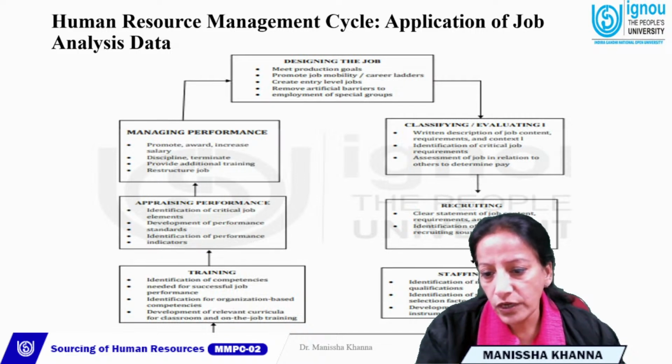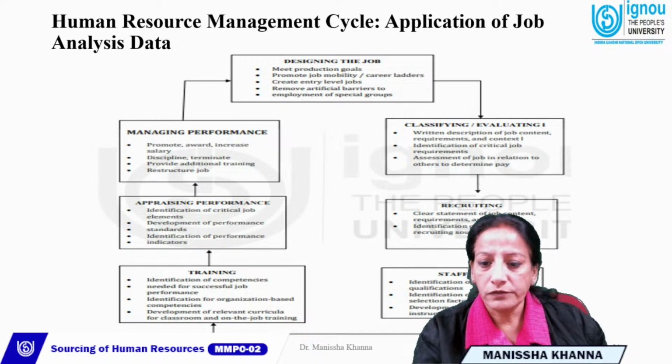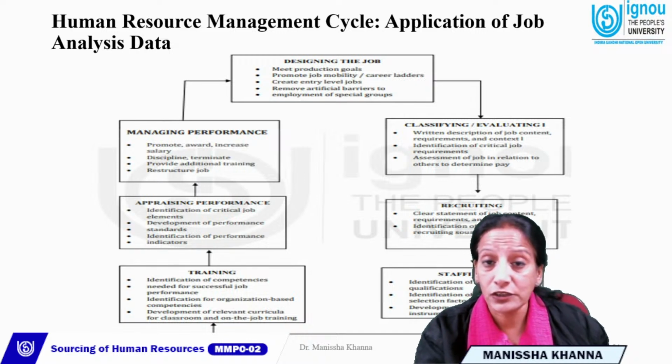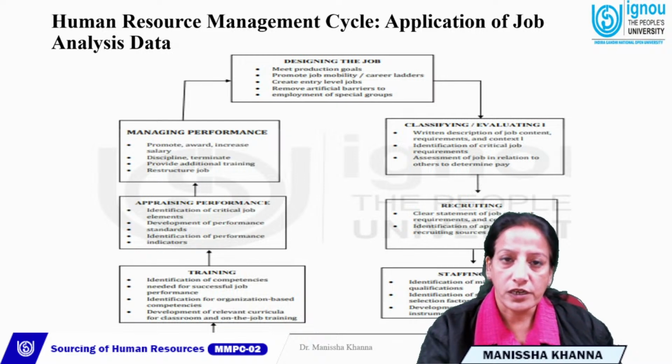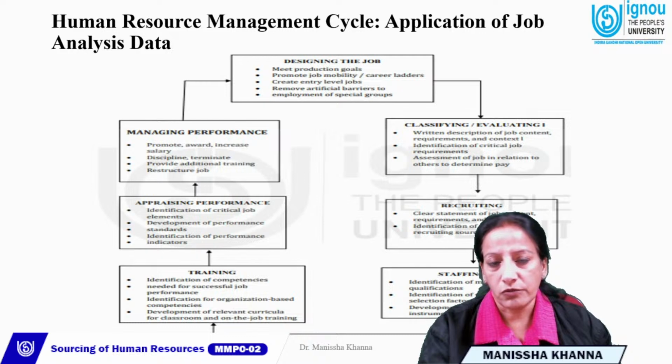Staffing refers to the identification of special selection factors. Here, when we talk about staffing, it is the development of valid selection instruments and measures needed while doing staffing. After staffing, training is required, and the next step is training.